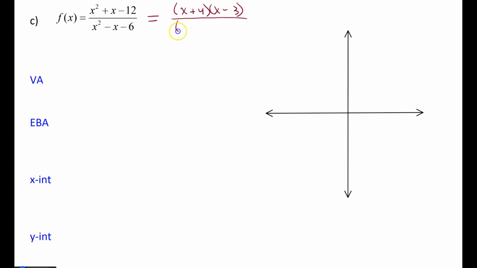Our denominator factors into x minus 3, x plus 2, in which case the x minus 3's will divide out, leaving us with x plus 4 over x plus 2. So this is actually what our graph will look like. It'll look like x plus 4 over x plus 2. So now I can identify my vertical asymptote. X equals -2. I'm going to go ahead and plot that.